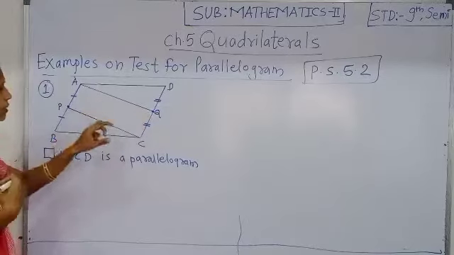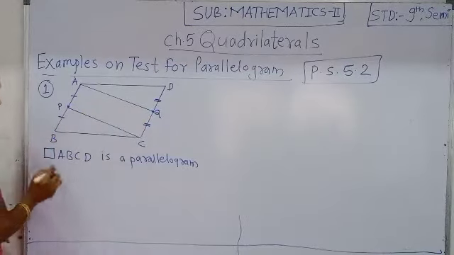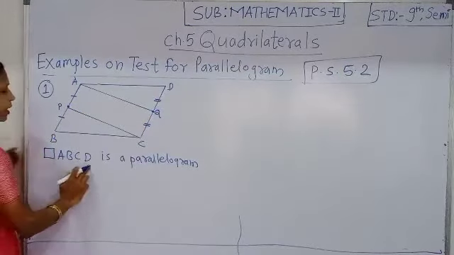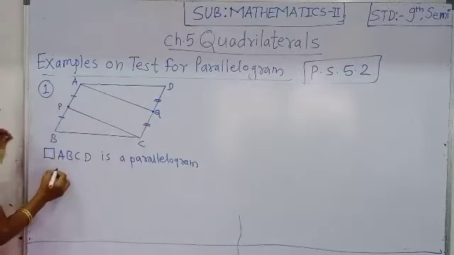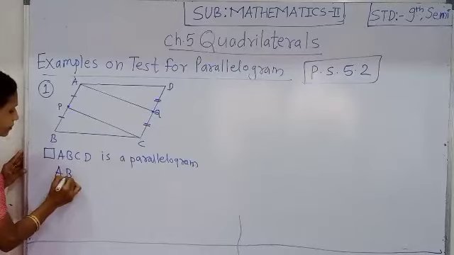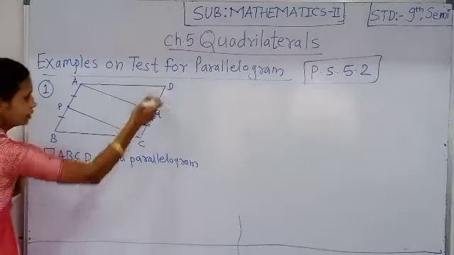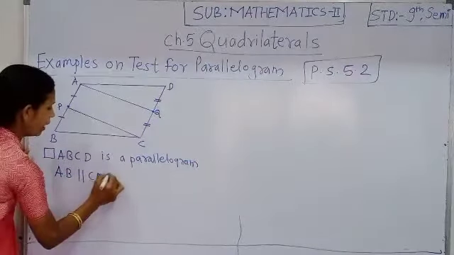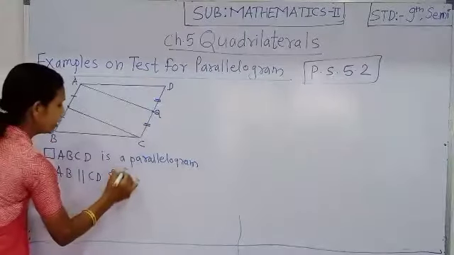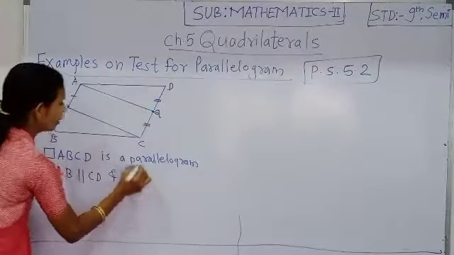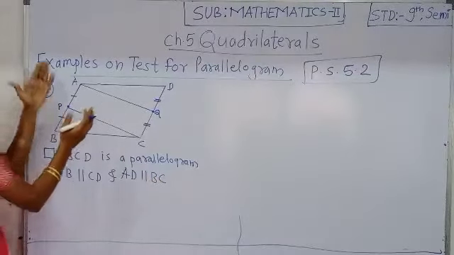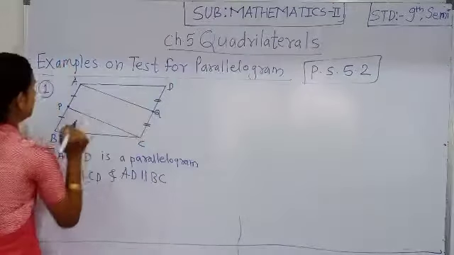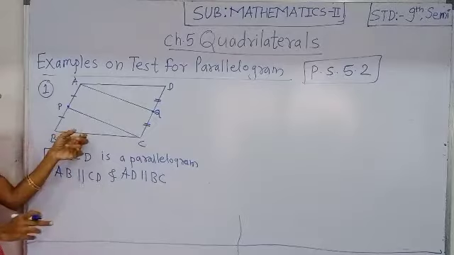From the given condition we have to prove that APCQ is a parallelogram. See here, quadrilateral ABCD is a parallelogram. Then we can write that AB is parallel to CD, as well as AD parallel to BC.